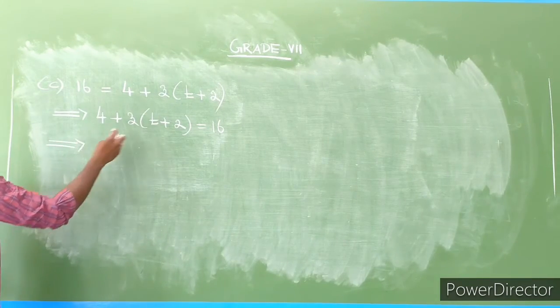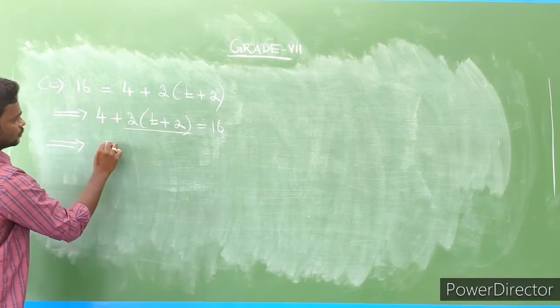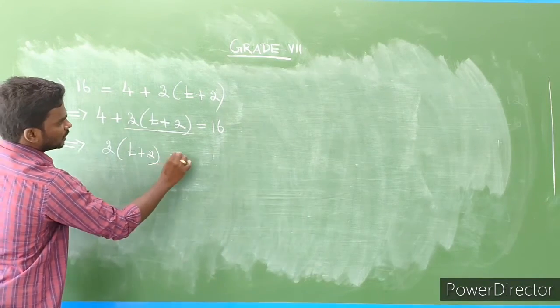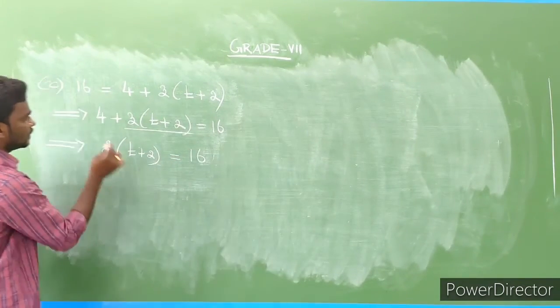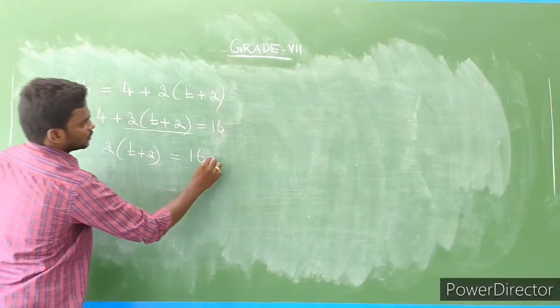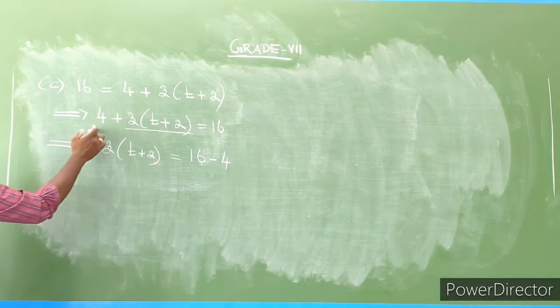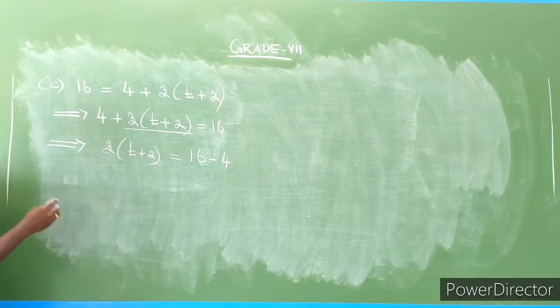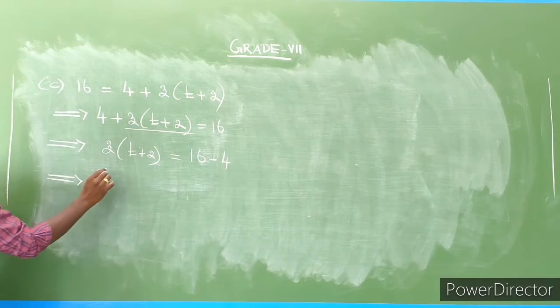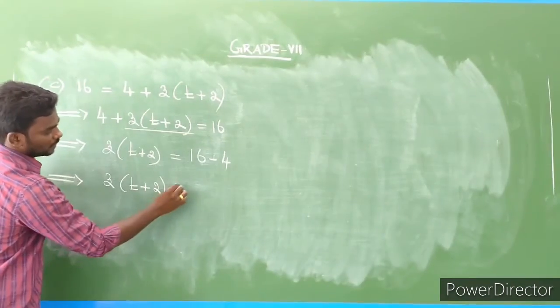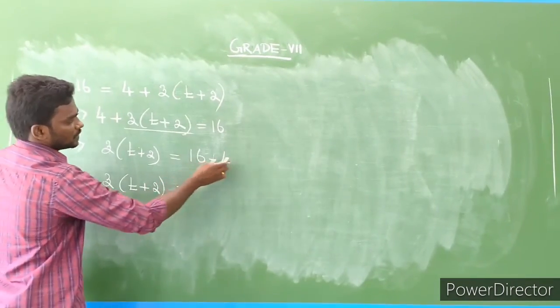Implies that we keep the value 3 into t plus 2 in left side, which is equal to 16 in right side, and this plus 4 is transposing to minus 4 to the right side. Implies that 3 into t plus 2 is equal to, what is the value of 16 minus 4?